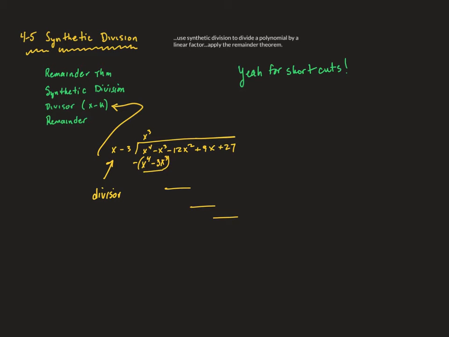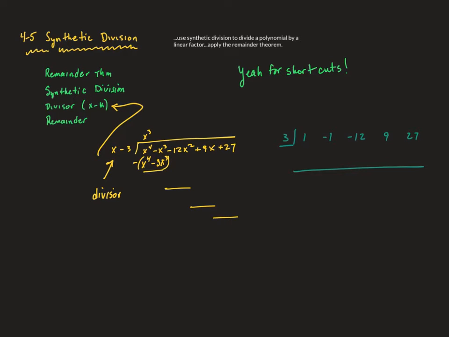So in synthetic division, we would set this up as you would divide by 3 because that is the value of k. And what we're going to be dividing into it is just going to be the coefficients. So I'd have 1, -1, -12, 9, and 27.